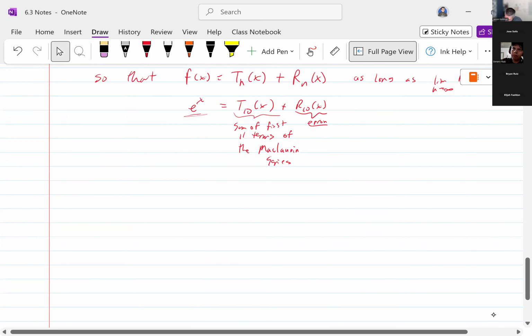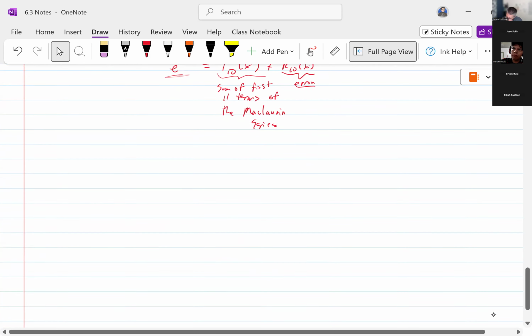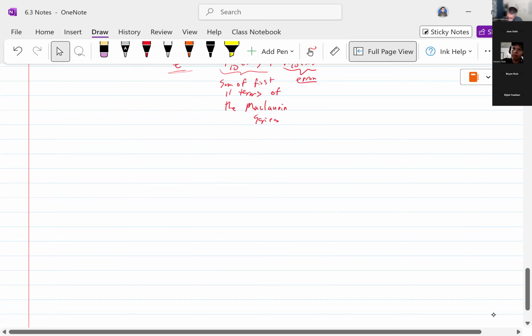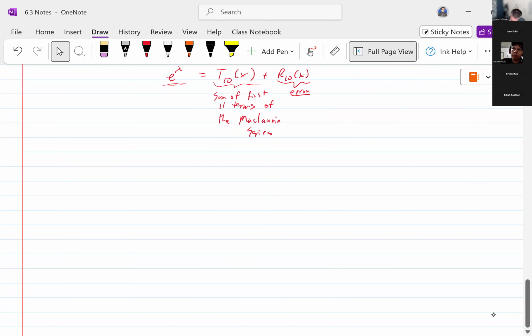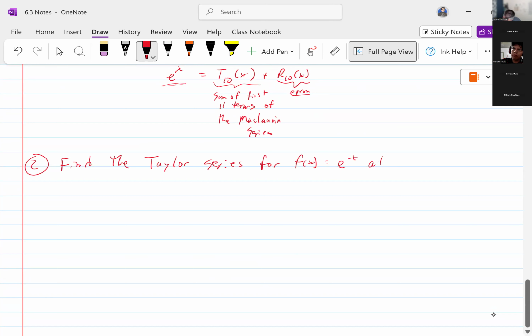Okay, let's go on to example 2 here. A lot of theory. Let's see how the theory plays out. Example 2: find the Taylor series for f of x equals e to the x at a equals 2.